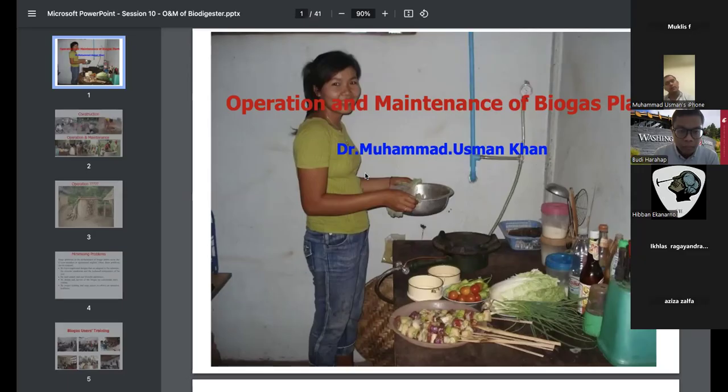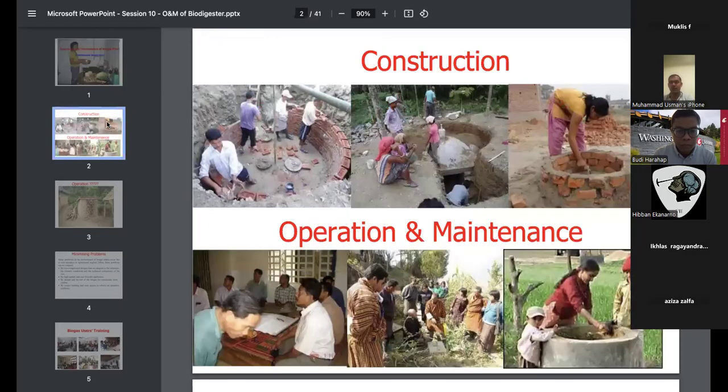In the previous slides, we only discussed some types of biogas plants around different parts of the world, especially in Africa and Asia. The major reason for failure of this technology in Indonesia and in Pakistan is operation and maintenance. So here I want to let you know why.